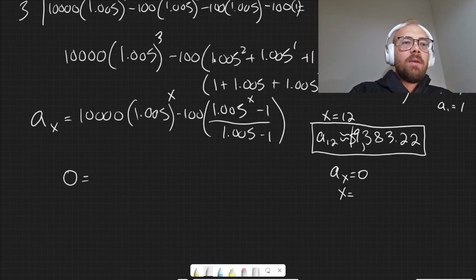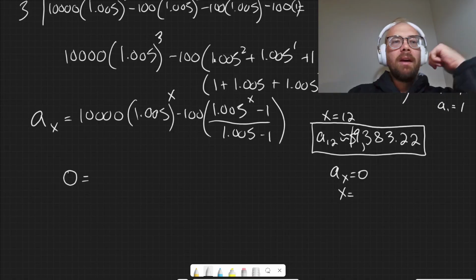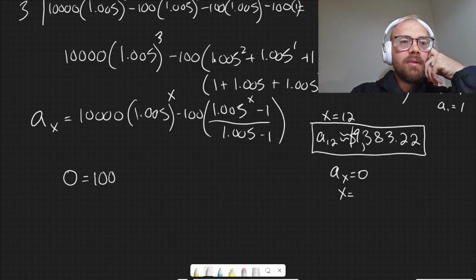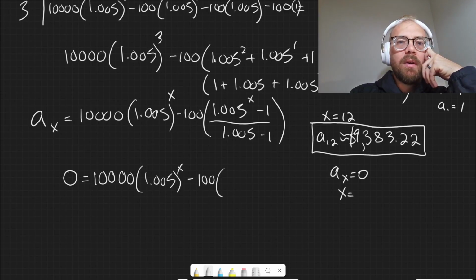So we would just say it's equal to 0. And I'm going to put my phone down because this is the solving part. So 1.005 to the x minus 100, 1.005 to the x minus 1, and then all that's over 0.005.